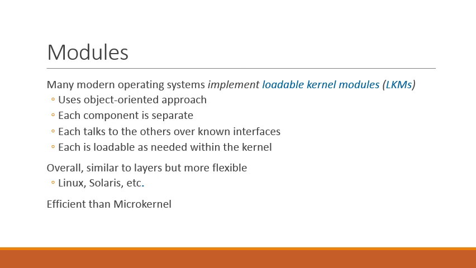However, this approach is more efficient as compared to the microkernel because in microkernel approach, messages between modules are exchanged with the help of kernel, whereas in this approach, modules can talk to each other directly. As these modules are already loaded into the kernel, so there is no message passing between these modules. Modules can directly exchange messages with each other.